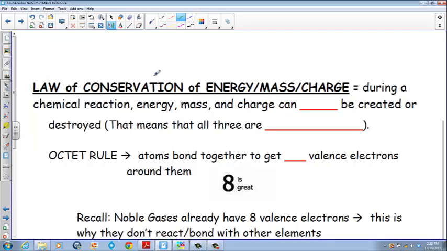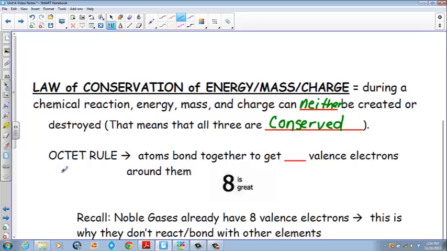There's also the law of conservation of mass and the law of conservation of charge. So we can say that it really applies to all three: conservation of energy, mass, and charge. So during a chemical reaction, energy, mass, and charge can neither be created nor destroyed. So that means that all three are conserved or saved, some way or another.